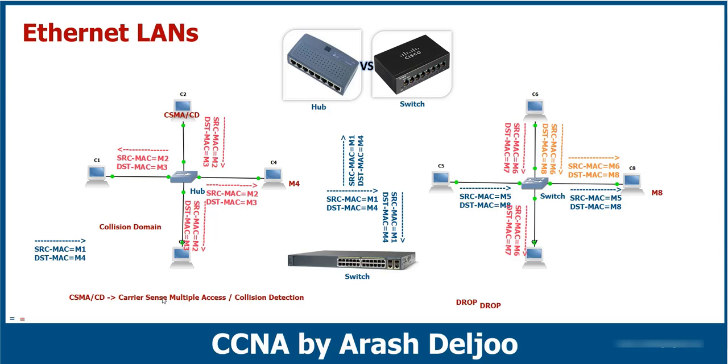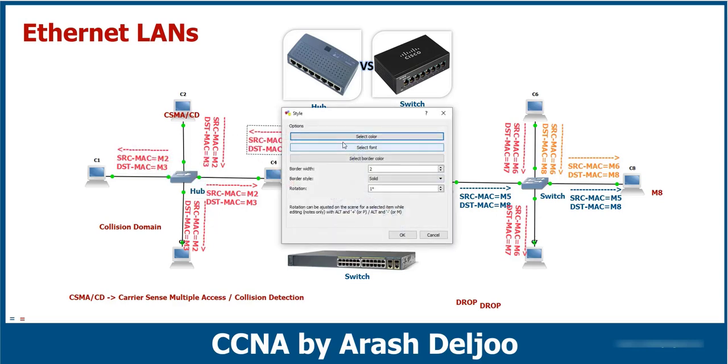But we can experience one interesting phenomenon. Look here. When you are waiting for a time to send your data, and after finding that the line is clear, you can send your data. But assume that another system is sending traffic exactly at that time. For example, exactly when you are sending, C4 is also sending traffic.